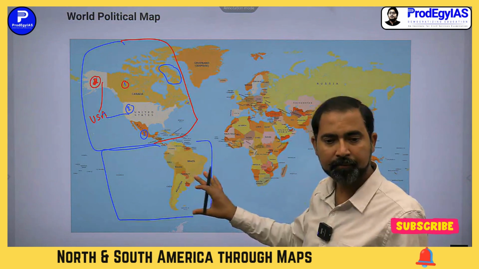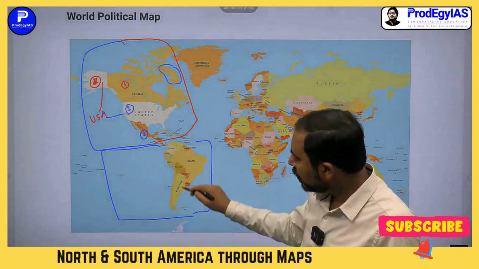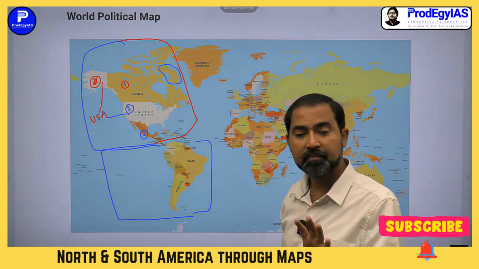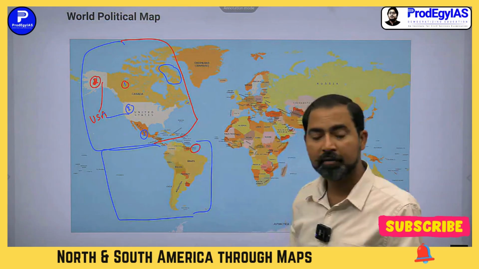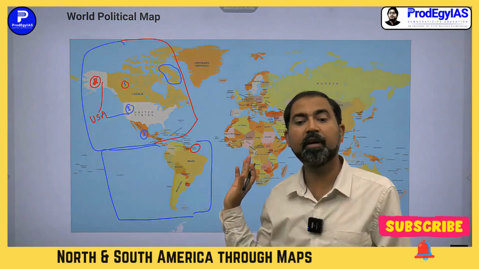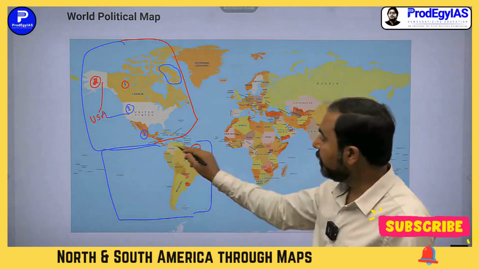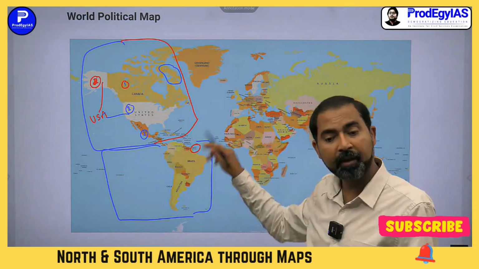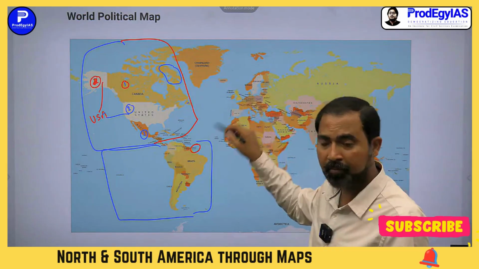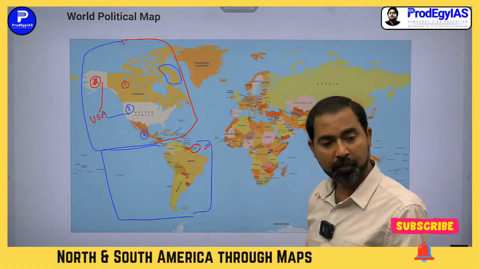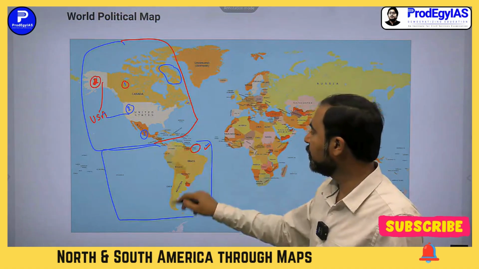South America, there are 12 major countries, and one, French Guiana, is a territory of France, right? So 12 independent nations and one territory of France. Means a territory of France, which is in Europe, is in South America. Okay, keep it in your mind.